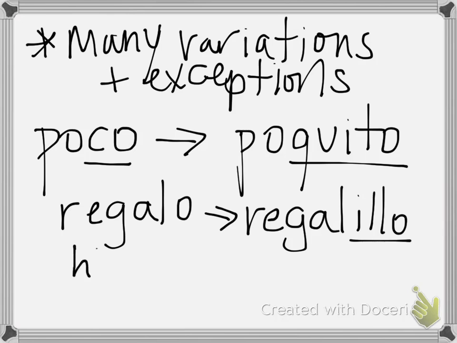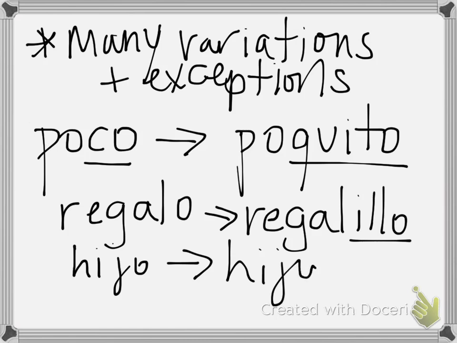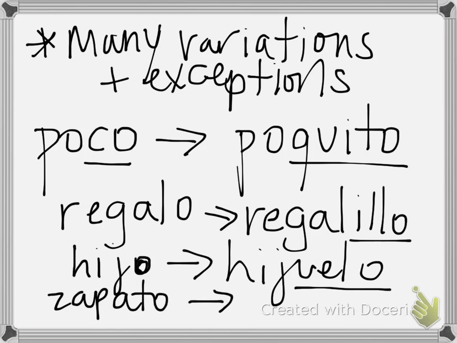Or hijo could be hijuelo, also another ending you wouldn't be familiar with. You would normally see hijito. Or we have zapato, and a different ending for this one would be zapatico. So those are just some strange endings that you might come across. Just be familiar with them. I'd rather you absolutely know the ito, the ita, the itos, or the itas. That's the most important one right now.